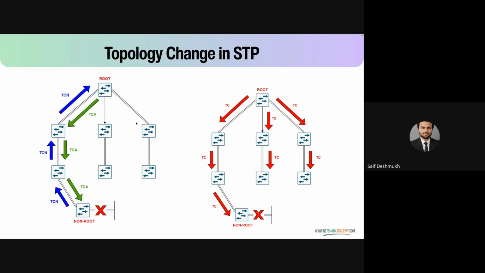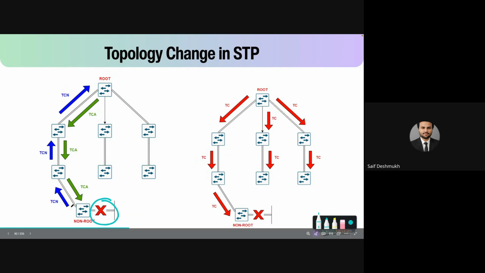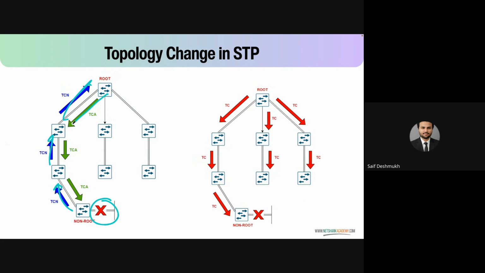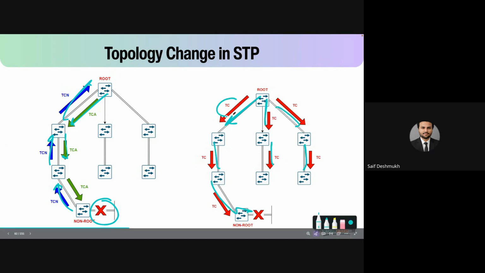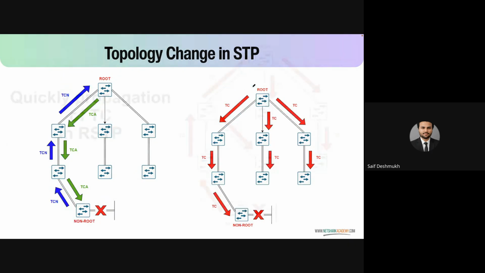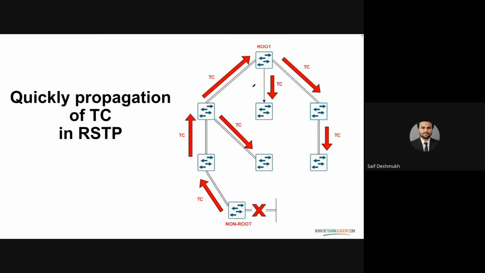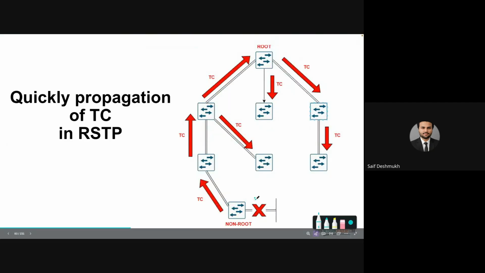In normal spanning tree, what was happening? The topology change was conveyed by the specialized BPDU until the root bridge tells everyone, hey, something happened, topology change happened, please flush. Here this topology change, with the help of the flag, is handled by every switch. So everyone is acting like a king. If here I have seen that a topology change occurred, I will send that BPDU to upstream switches with topology change.